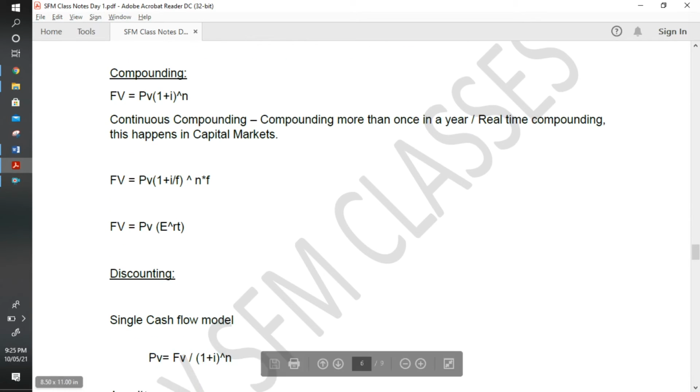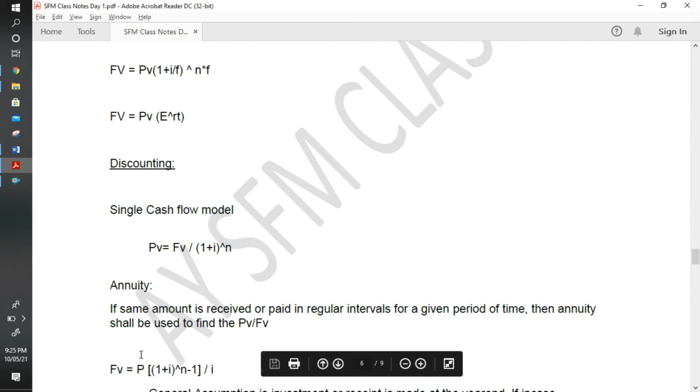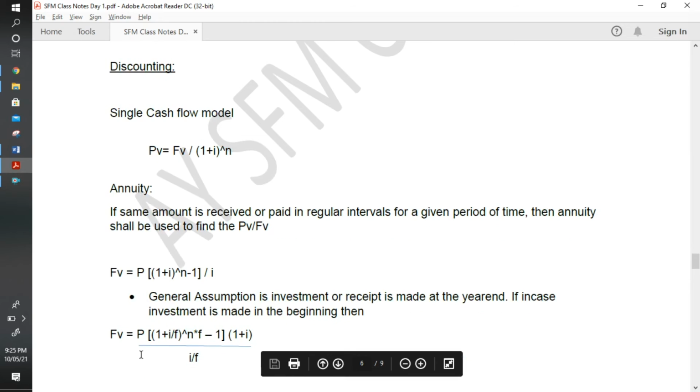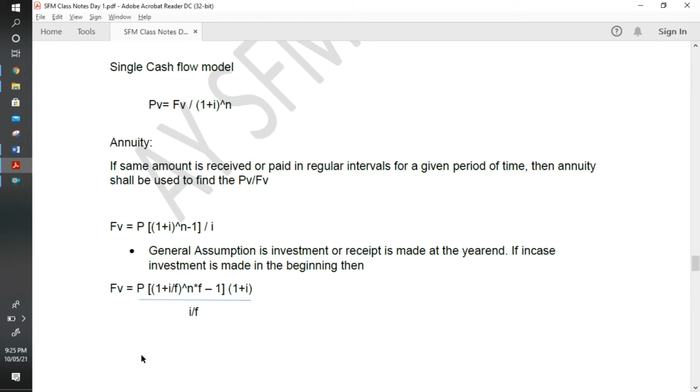It's just a simple rearrangement of the formula which I've given earlier. So to find discounting, present value equals future value divided by (1 plus i) to the power of n. It's just the same, but I've told you that future value and present value are opposite things. So compounding and discounting formulas are similar, but opposite.